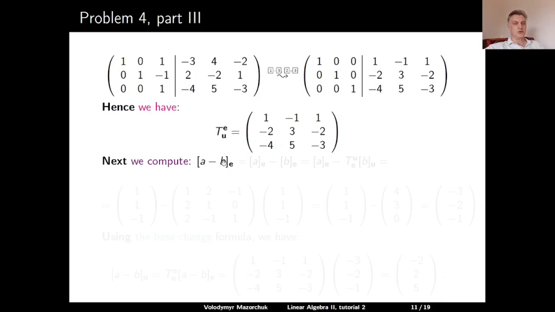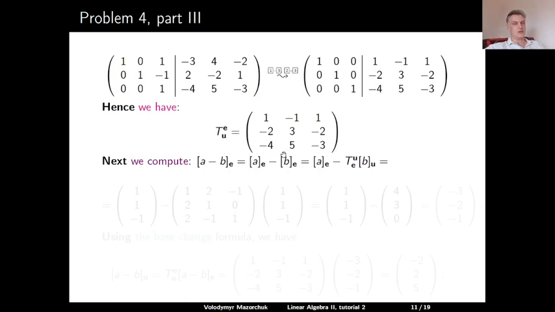Next, let us compute the coordinates in the standard basis of the vector A minus B. We know that the coordinate map respects addition and multiplication with scalars, so this is equal to the coordinates of the vector A in E minus the coordinates of the vector B in E. The coordinates of A in E are given in the formulation, but we have the coordinates of B in U from the formulation.